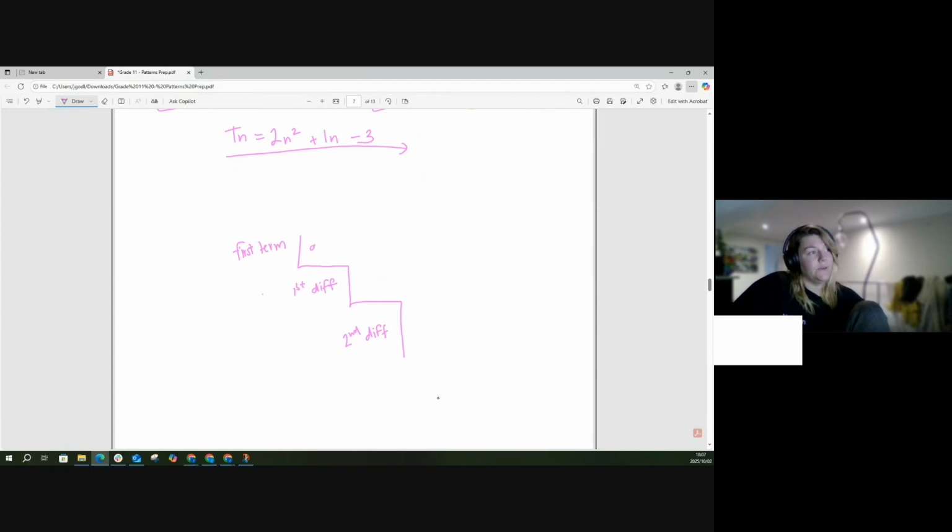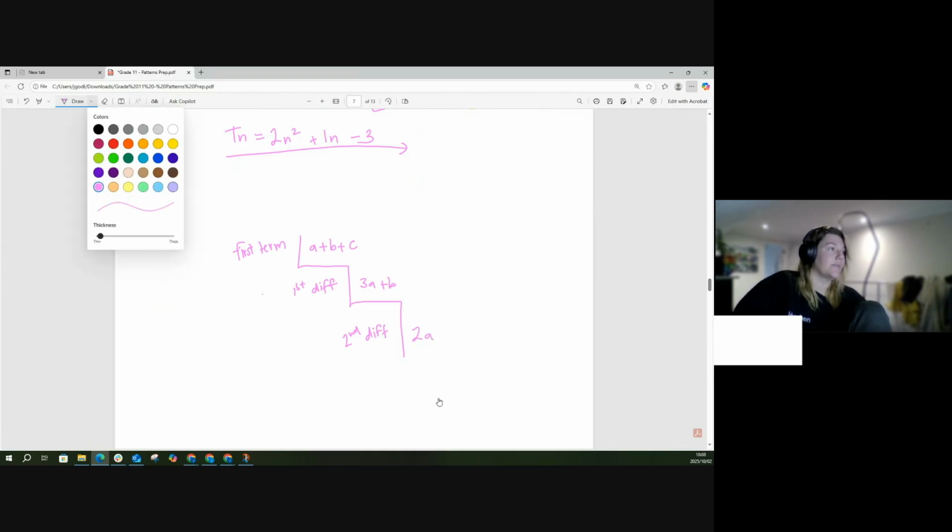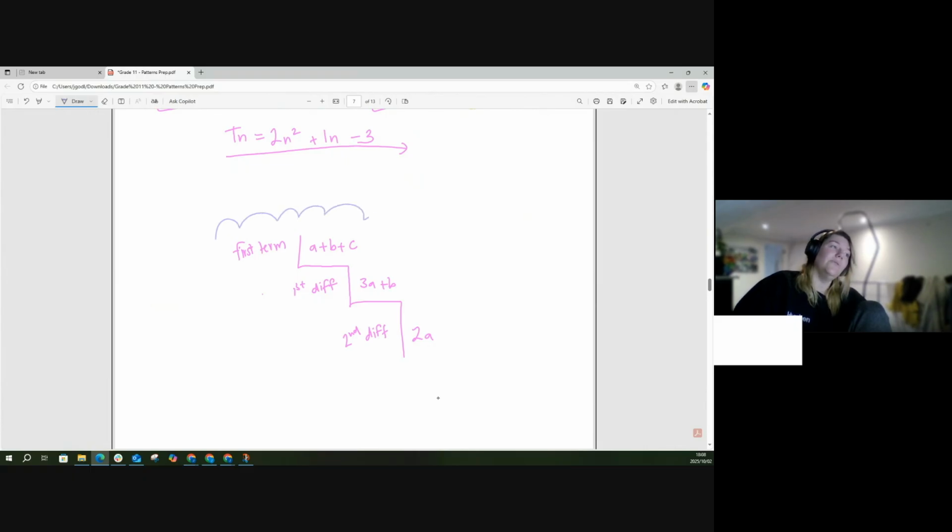First term, you're always going to have a plus b plus c. First difference is always going to be 3a plus b, and second difference is always going to be 2a. And if you can remember these steps, you will always be able to solve any quadratic sequence.